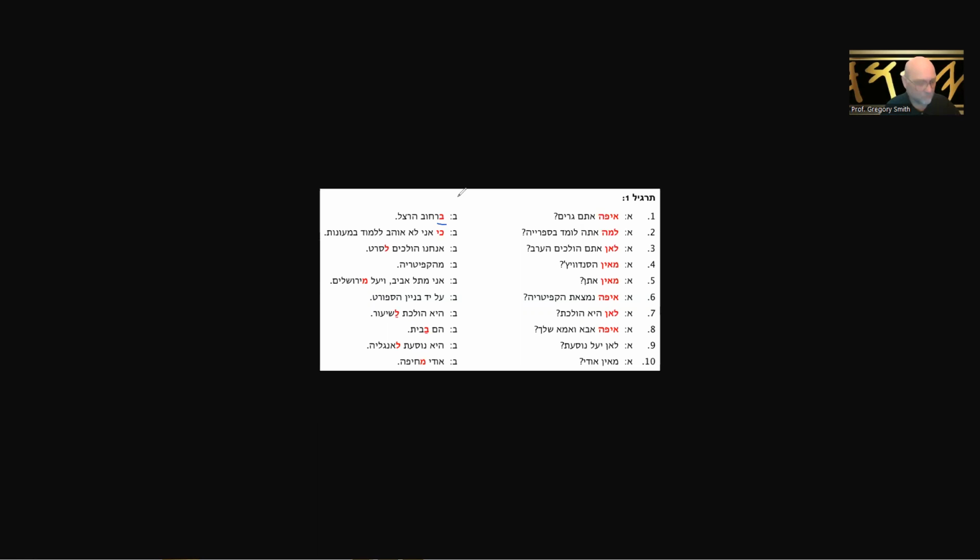Barhov, Herzl. That's it. So it is the bet with a patak under it, so it's a ba sound. This would be the first syllable, bar, and then hov. Barhov, Herzl is the name of the actual street.